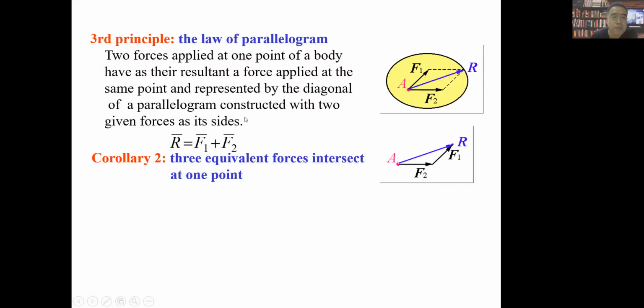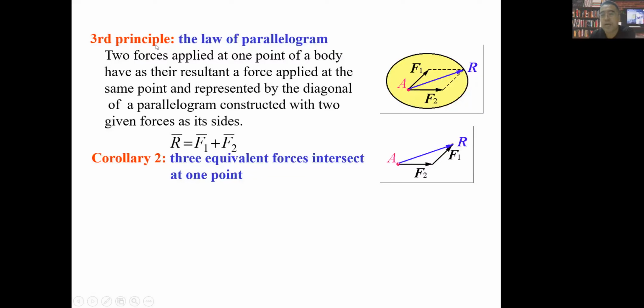I'm trying to tell you that this principle tells us how to simplify a force system, because we can change these two forces into one force, right? You can imagine if we have another force F3, then we should do two steps.